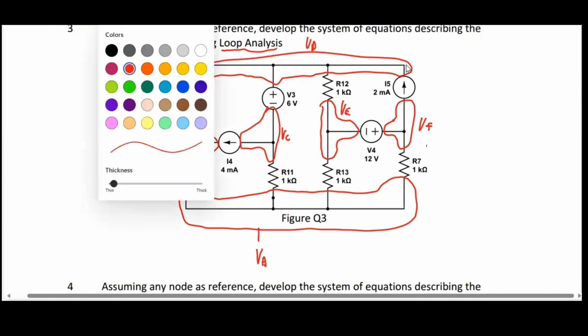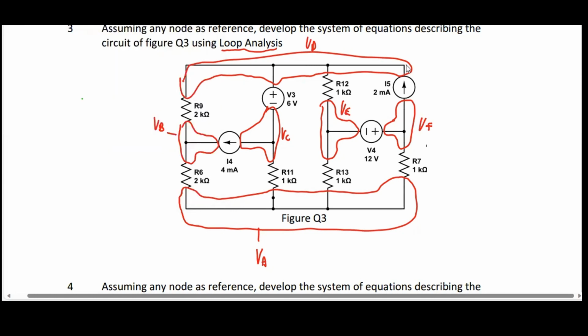The second thing I'm looking for is supernodes, because notice there are real batteries in this question. None of the batteries started from zero. So in this question, this is a super node, and this formula, just like we did before, is the same thing.